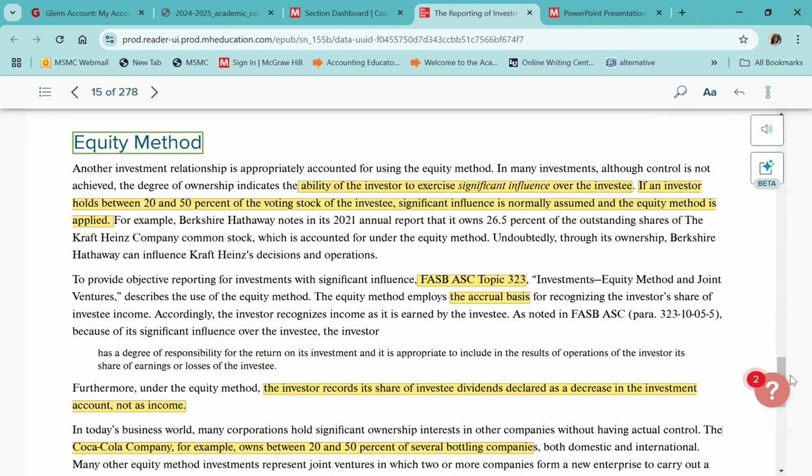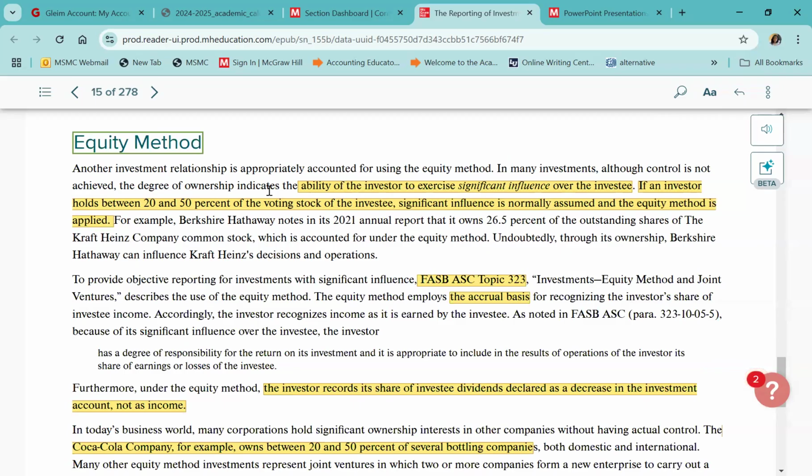The equity method. This is the focus of this chapter. So, in many investments, although control is not achieved, less than 51, okay? But there is an influence, and it's noticeable. There is a degree of influence.